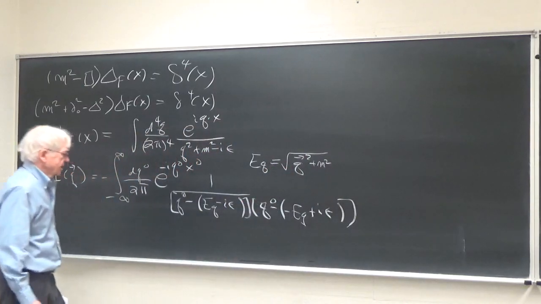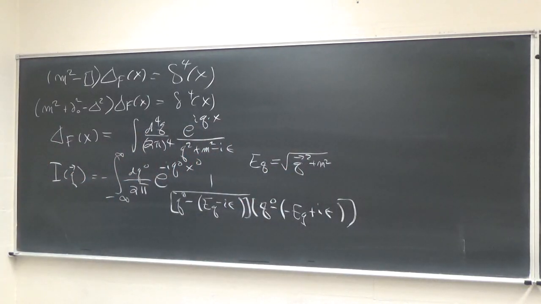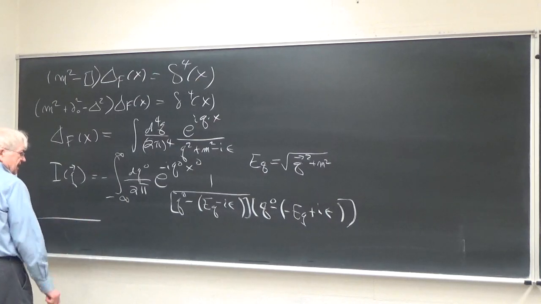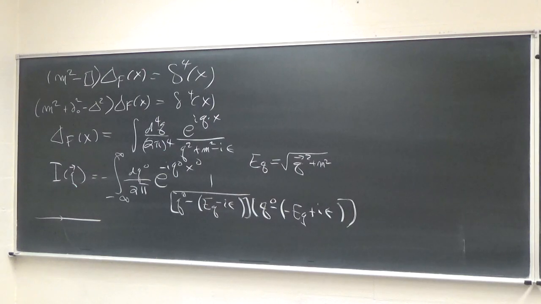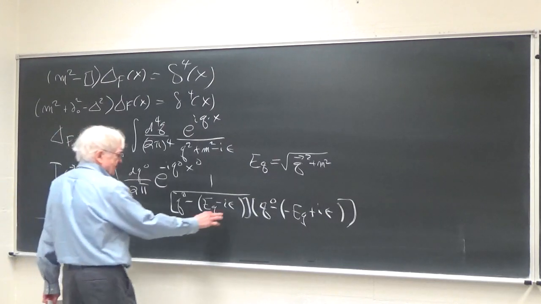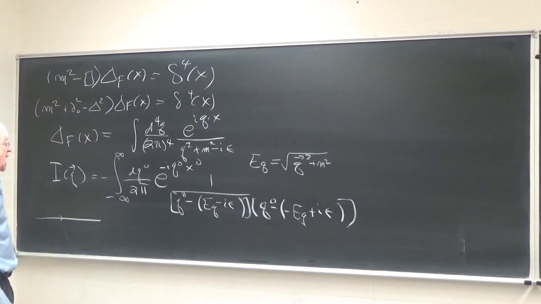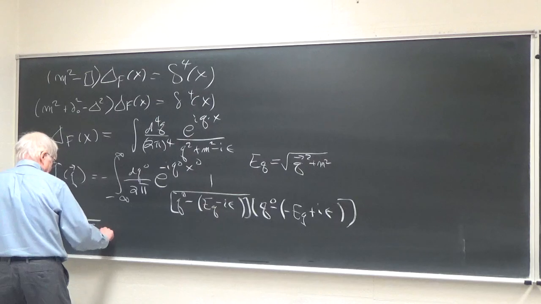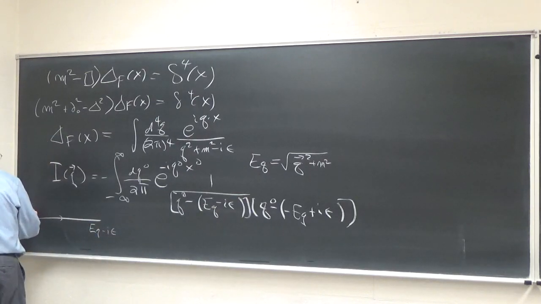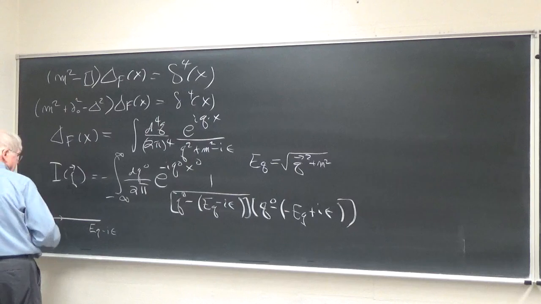This is an integral along the real axis from minus infinity to plus infinity along the q0 axis, and we're taking, of course, the limit epsilon going to 0, and we can see that there are poles here at EQ minus I epsilon and at minus EQ plus I epsilon.